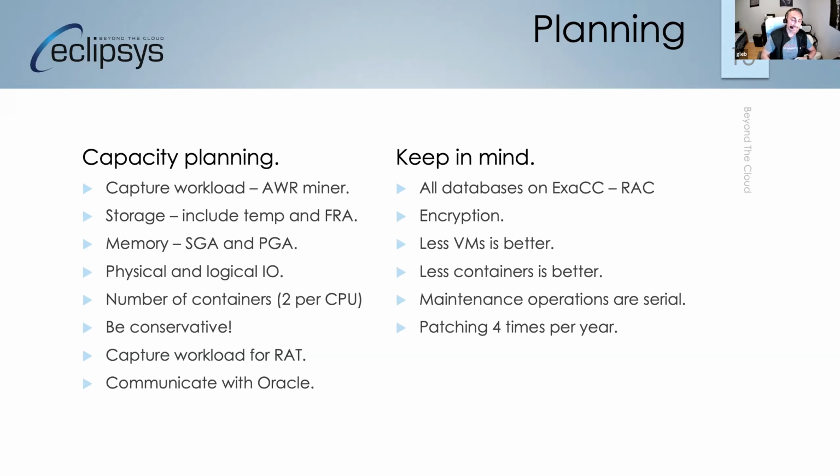Number of containers. If you plan to have only 10 OCPU for your VM cluster and want to deploy 40 container databases, it is probably not going to work. By default, Oracle hard-coded, you can create up to 2 databases per OCPU.